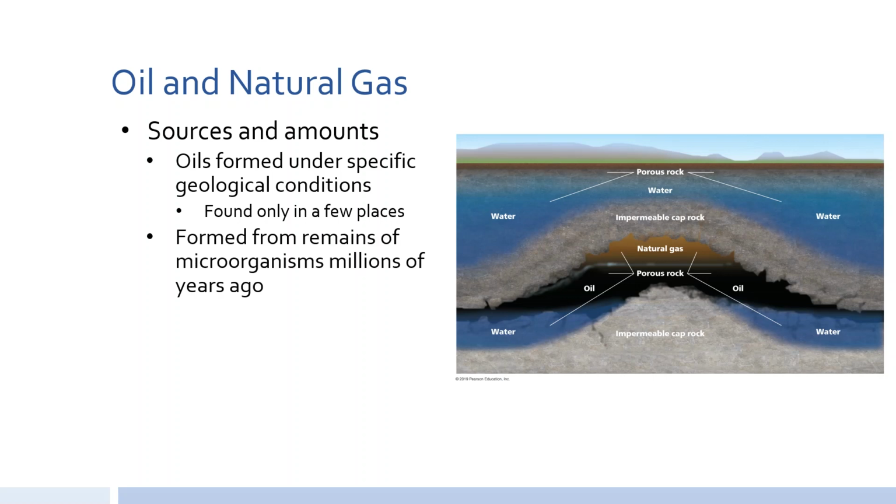It is formed from the remains of microorganisms, again, millions of years ago, that became trapped beneath impermeable rock, and they form these oil reservoirs. And they're under pressure. So when you tap a primary oil source that hasn't been mined before, that oil will actually come bubbling up out of it. But then as you extract it, it's harder and harder to get out.